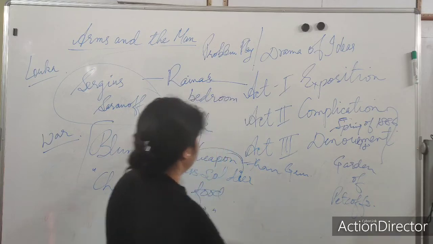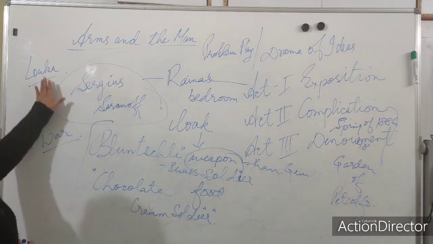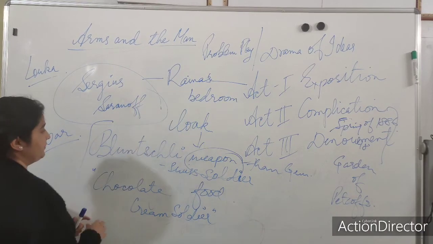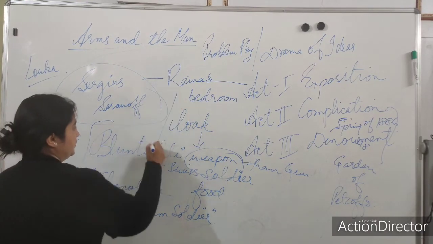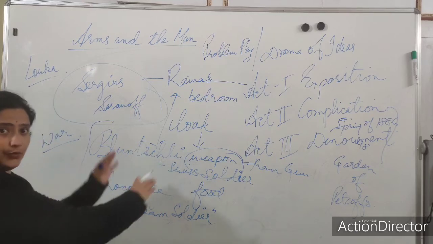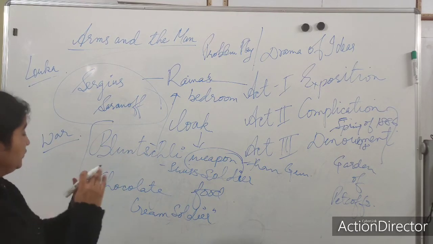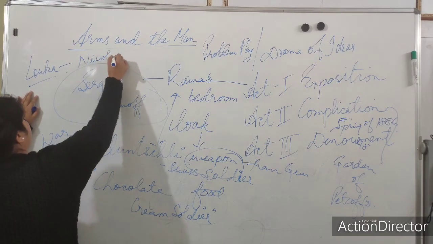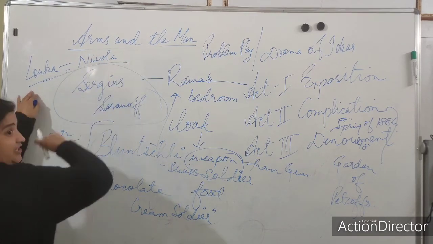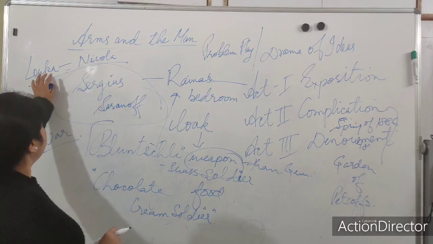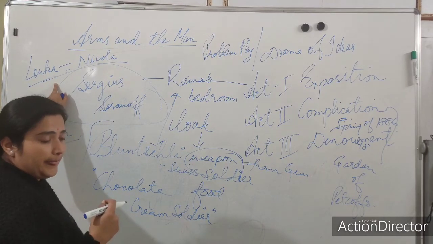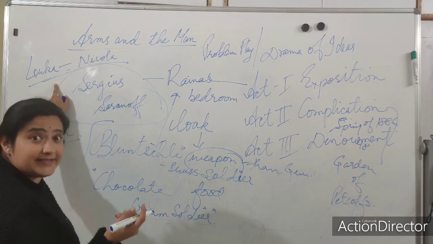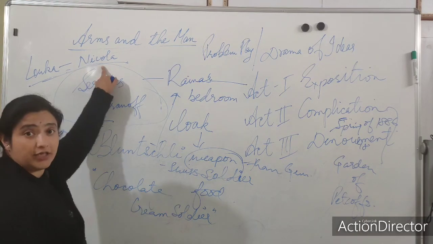Various kinds of issues, whether related to this relationship, this relationship, or this relationship. Okay, so all this is happening here. And one more thing: these two servants are already engaged, right? But then she says, I want to rise in life, she tells Nicola.